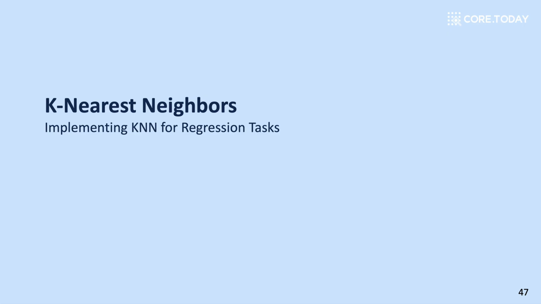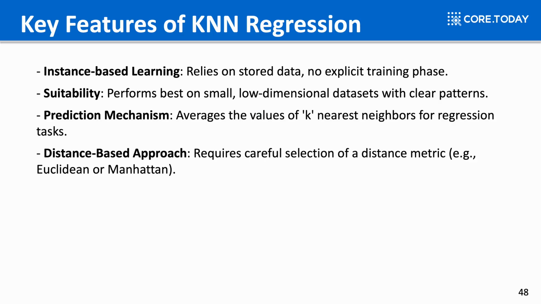While often used for classification, KNN regression predicts a continuous target variable by averaging the values of the k closest data points. It's simple to understand, making it an excellent starting point for beginners, though it does come with unique challenges and limitations. KNN is straightforward but relies heavily on how we prepare the data.